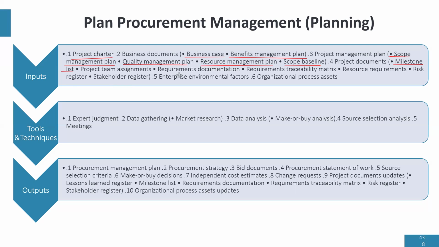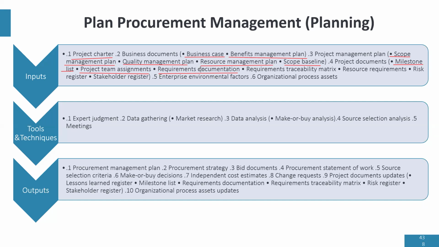Then requirements documentation. Your project team assignment shows the people that have been assigned to various areas of your project, assignment, task, and so on. Requirements documentation. This can actually mean that for that work, you might need a particular license and a vendor that has that license to do the work.